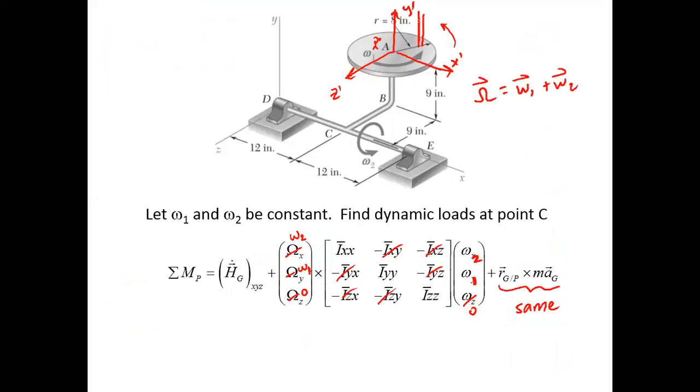I've got one HG part that's still pointing straight up in that Y. So I got an HGY, and as I rotate around, even if I'm spinning around like this, that part of it's still kind of pointing straight up, right? So I do have an HG. That's not changing anything, right? It would change, again, like I was saying before, if omega 1 or omega 2 is going to 0.